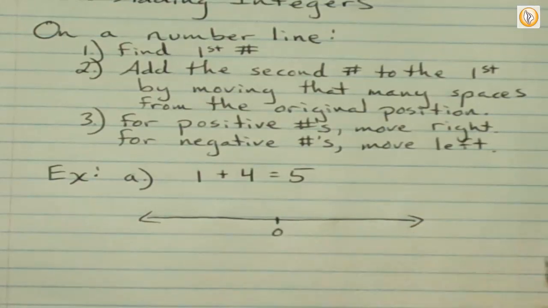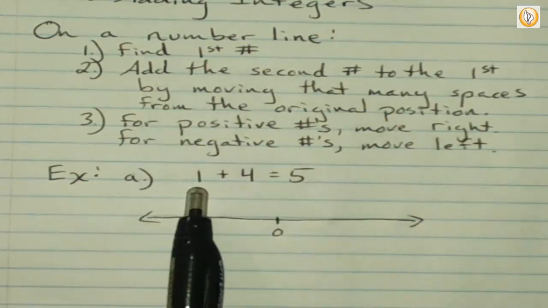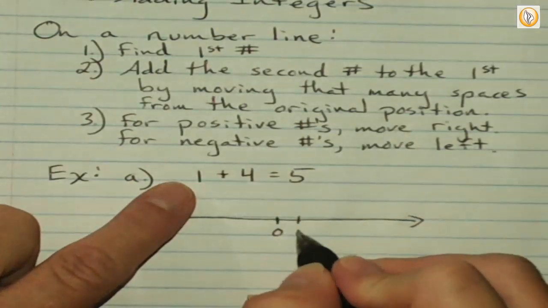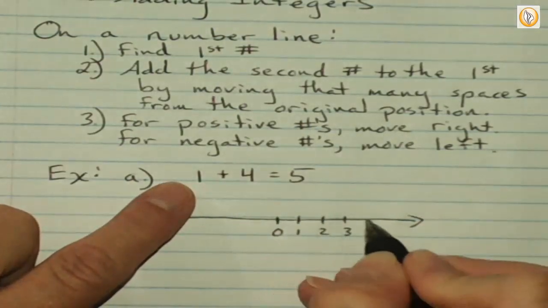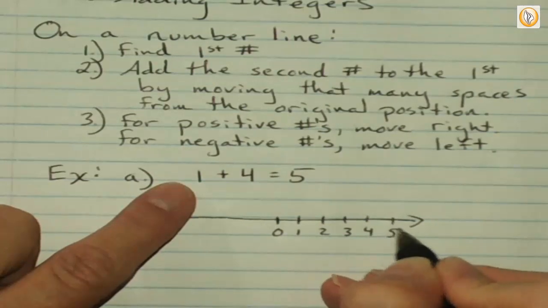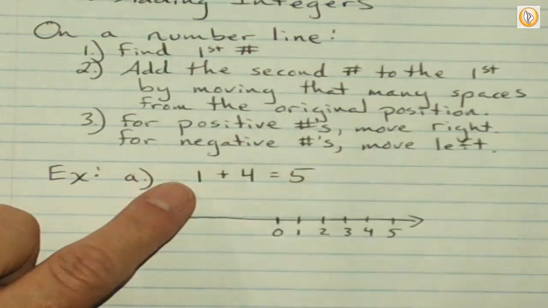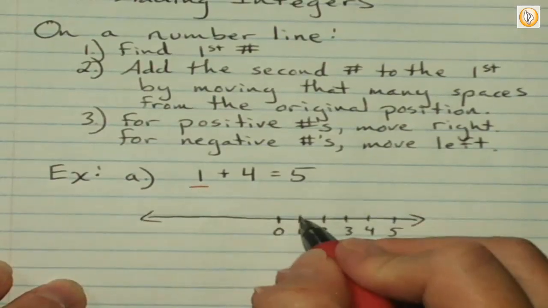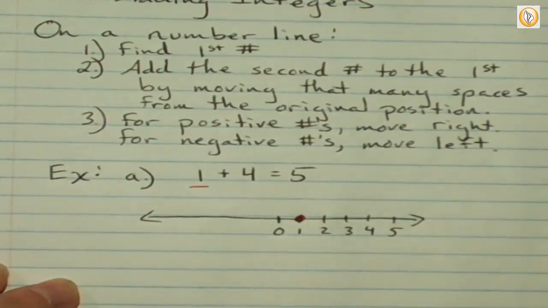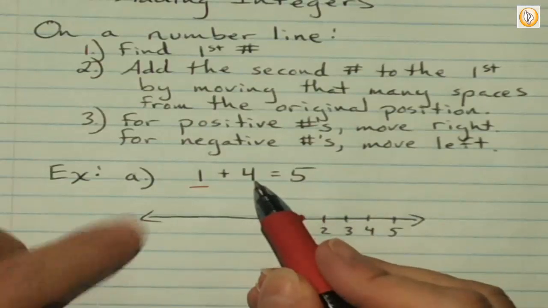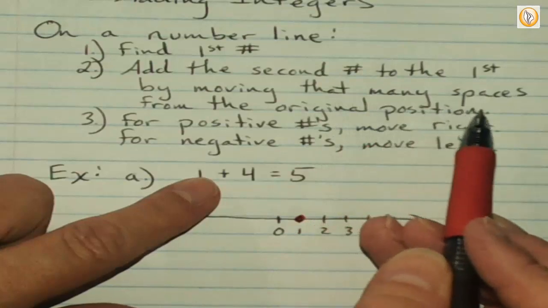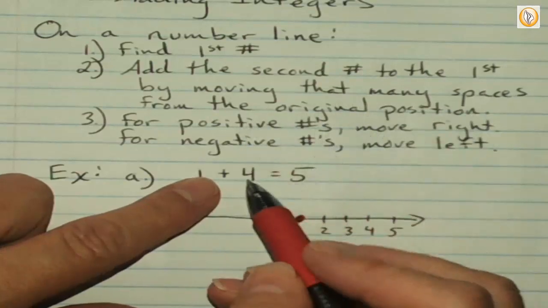So, find the first number. Oh, look, it's 1. I'm going to put it on my number line. It says, then add the second number to the first by moving that many spaces from the original position.